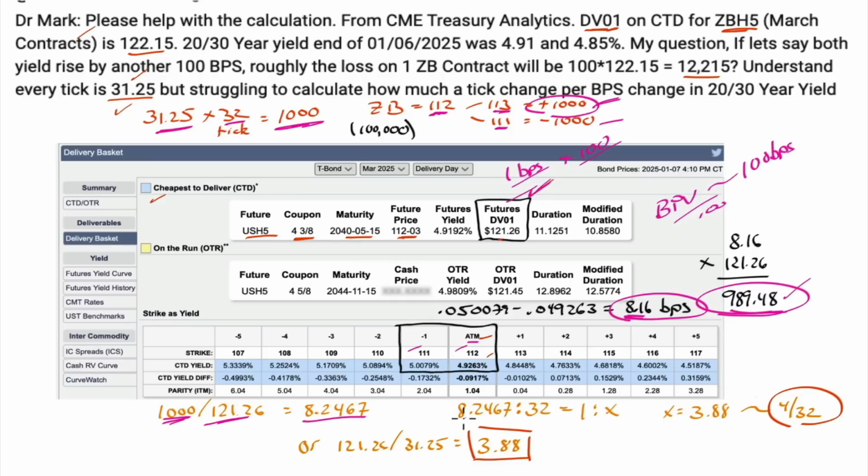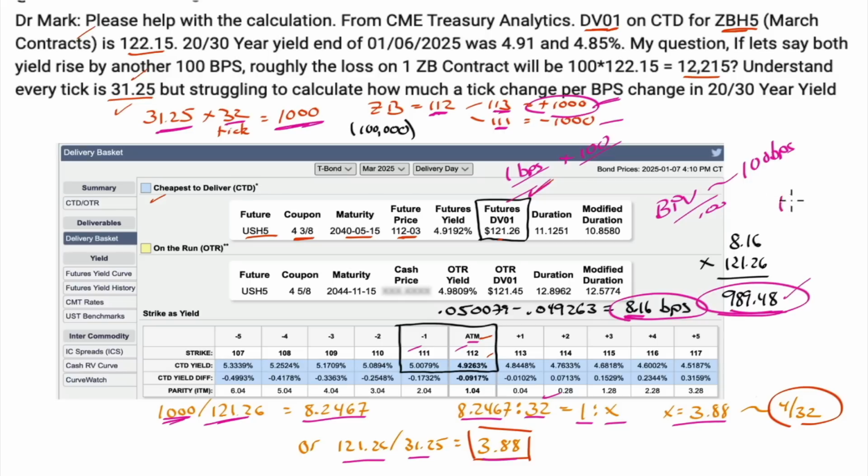So you could just do a ratio, 8.24 to 32, because there are 32 ticks, is 1 to x. We solve for x, we get 3.88. Again, you take the 121 divided by 31, you get 3.88. So roughly every 1 basis point change on the cheapest to deliver will be about a change of 4 ticks.